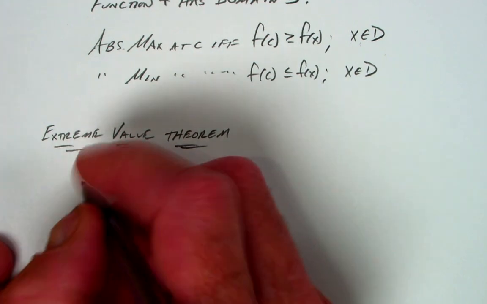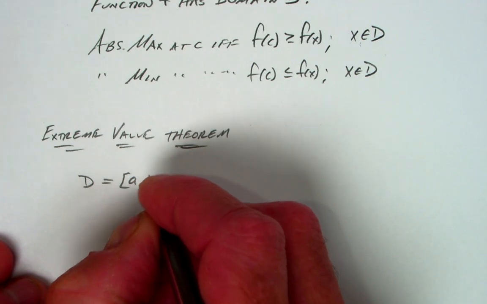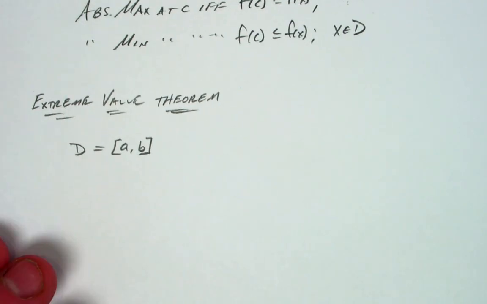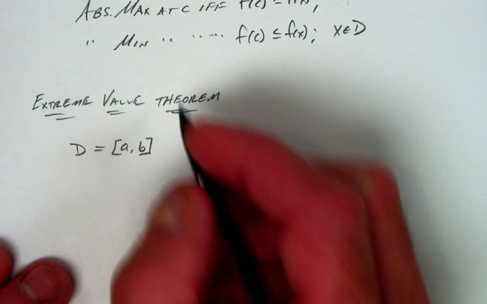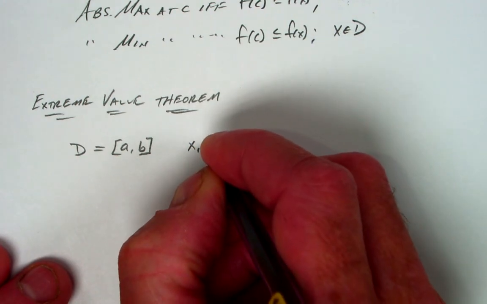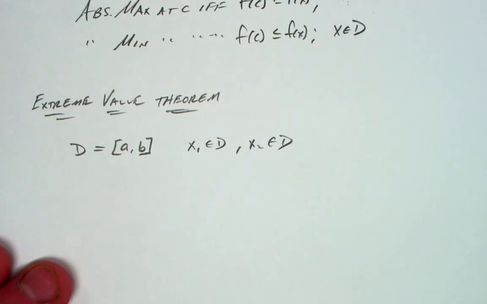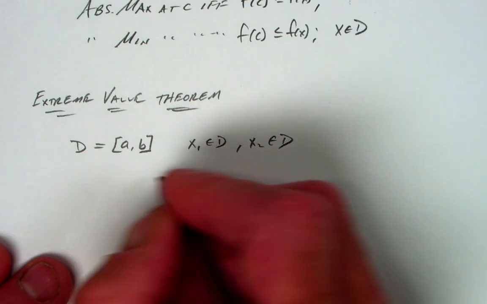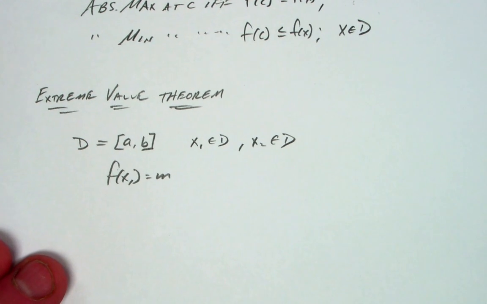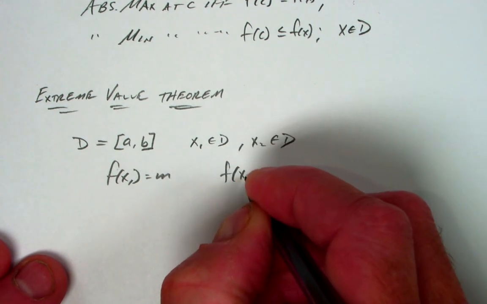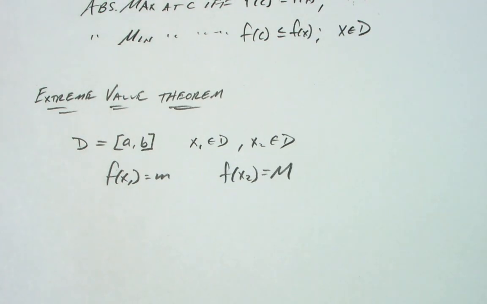So, my domain is some closed interval from A to B. Okay? So, there is some x of 1 in my domain and x of 2 in my domain, such that f of x of 1 equals some m, and f of x of 2 is some big M. Okay?